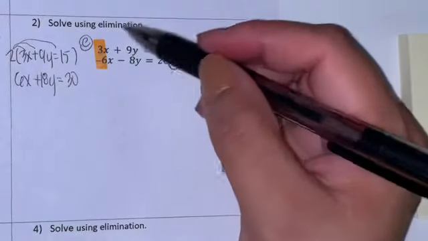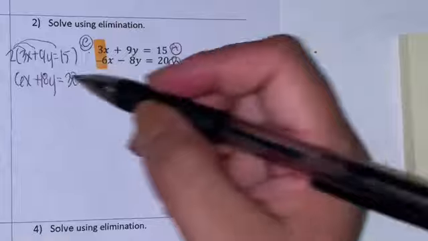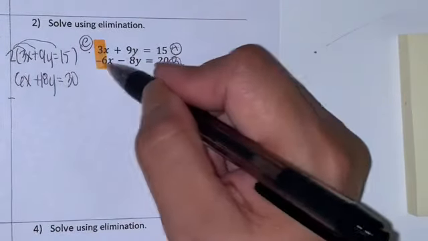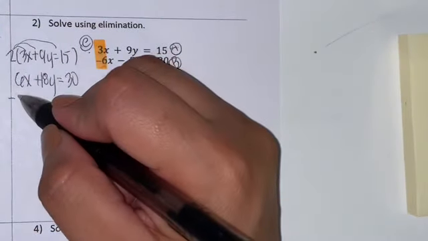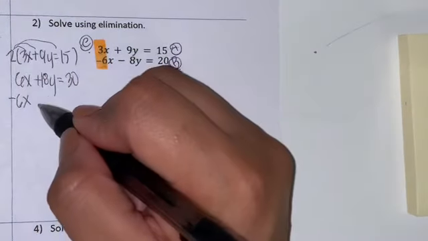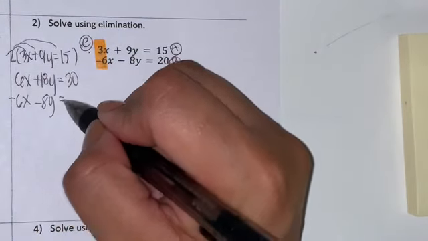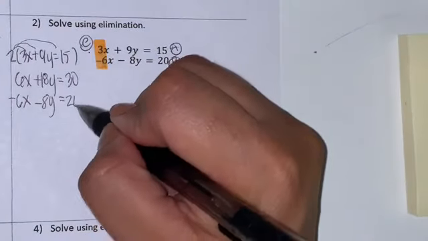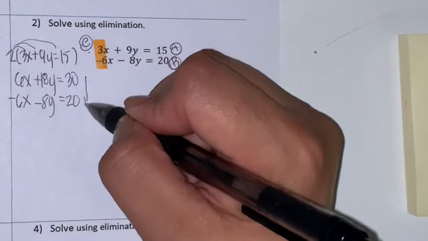So I'm going to subtract C from B. I'm just going to line up B right underneath C. So I'm going to say negative 6x, and we're just repeating the same equation, minus 8y equals 20. And remember, you're doing linear addition.